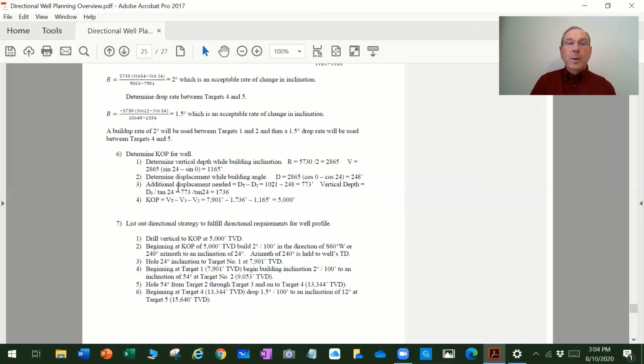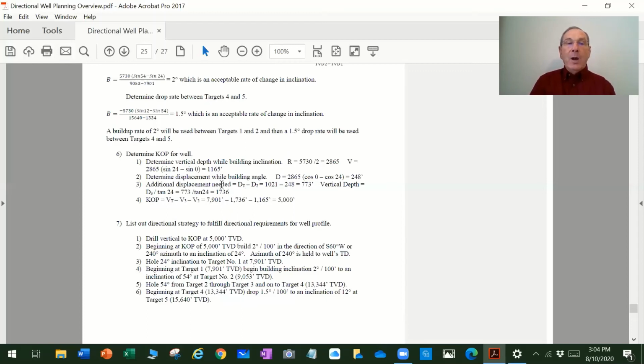So then the additional displacement that we need, looking at our chart, we need 1,021 feet of displacement at target number 1. So if we subtract 248 feet, which we get by building angle, it means that we need an additional 773 feet while we're holding angle. To calculate the vertical depth while we are holding angle at 24 degrees, it's the 773 feet divided by the tangent of 24 degrees, which is 1,736 feet.